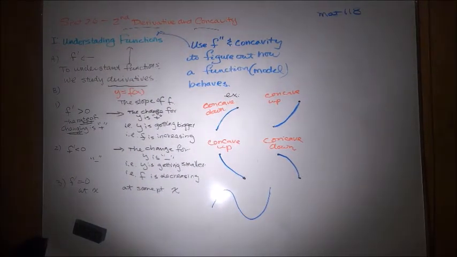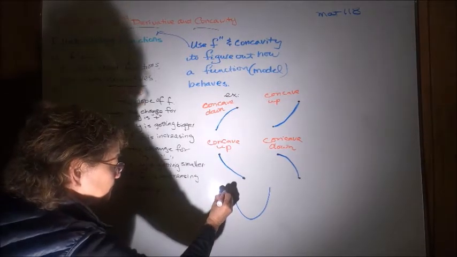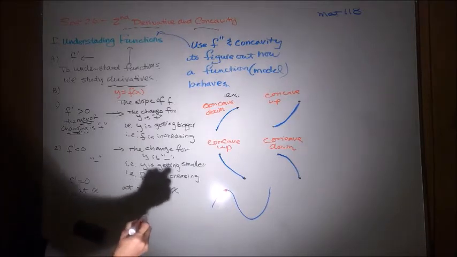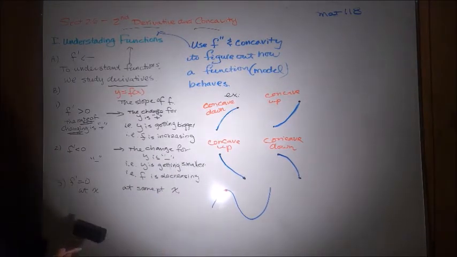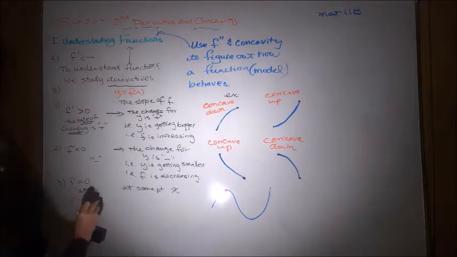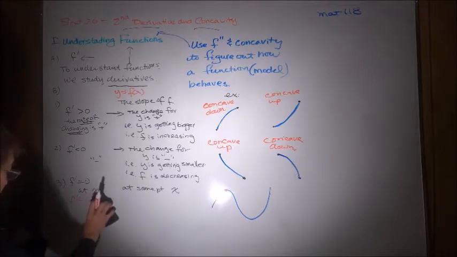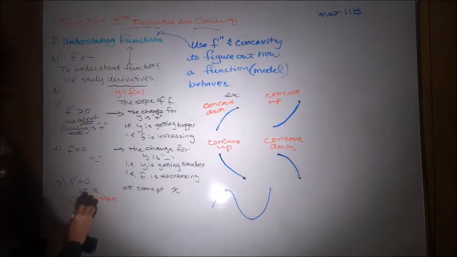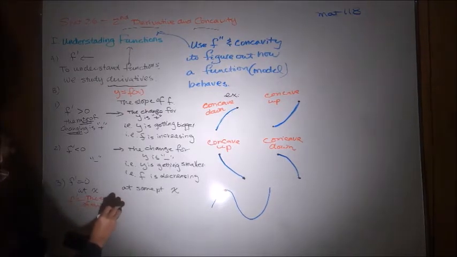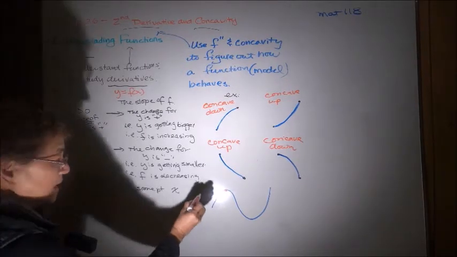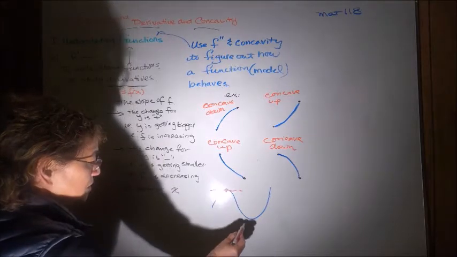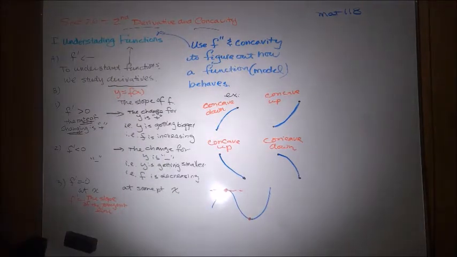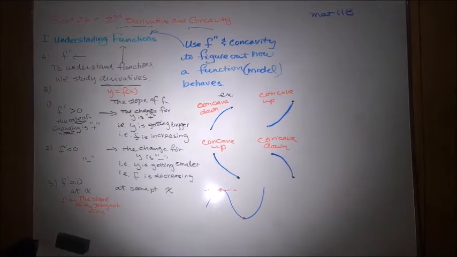Then at this point, its tangent line, f prime, the slope of the tangent line, would be 0 at this point, or at this point. How do you look at the tangent line?